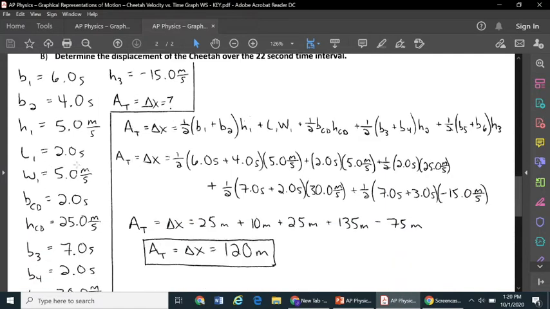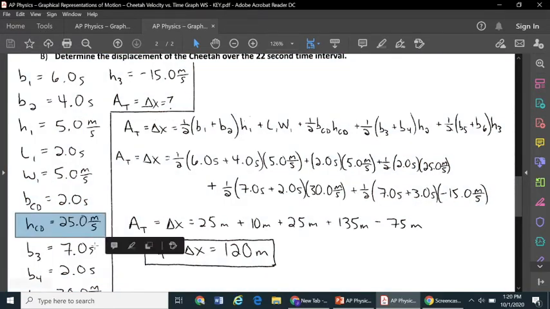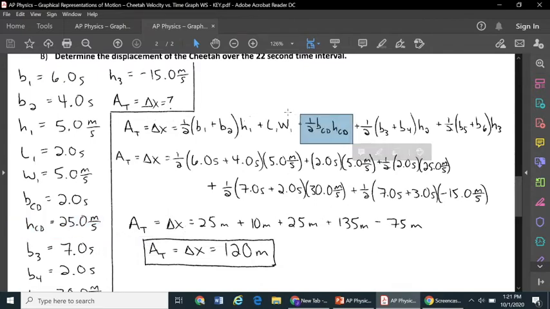So notice I called that BCD because I'm going to refer to that triangle as triangle CD. I called the base of that triangle 2.0 seconds, and the height of that triangle is 25 meters per second because the height goes from 5 to 30, making it 25 meters per second tall. And so the area of that triangle is 1/2 base times height, and so that's why I wrote 1/2 BCD times HCD.